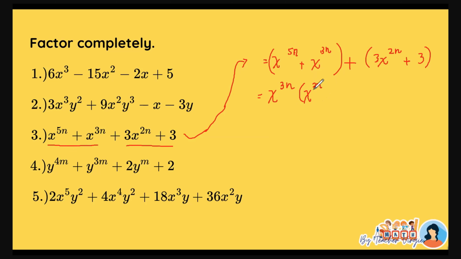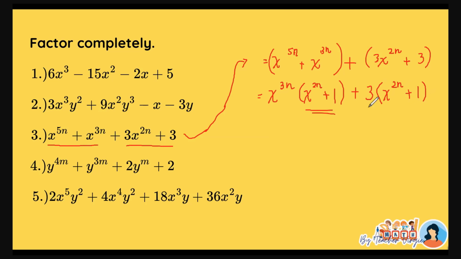That's your remaining factor for the first term of the first group, while for the second term of the first group, since they are the same, it's just 1. Here I told you they have a common factor, or GCF, of 3. So we can get the remaining factors by dividing by 3. You will get x raised to 2n plus 1.